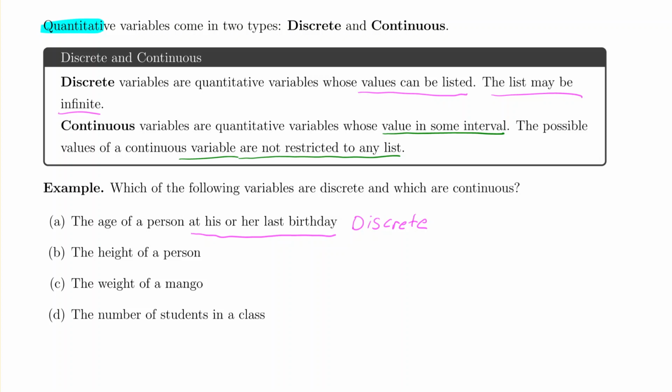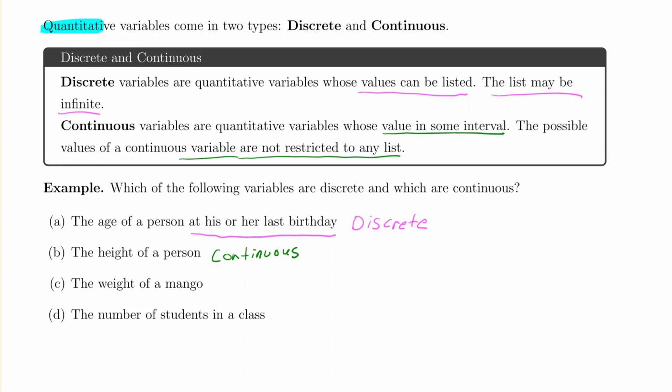The height of a person, whatever measurement we use, centimeter, foot and inches, or just inches, is continuous. Let me explain why. Because heights are in some interval. Another way to think about it is we cannot list all the heights. 5'6", 5'7", but those are only whole numbers of inches.